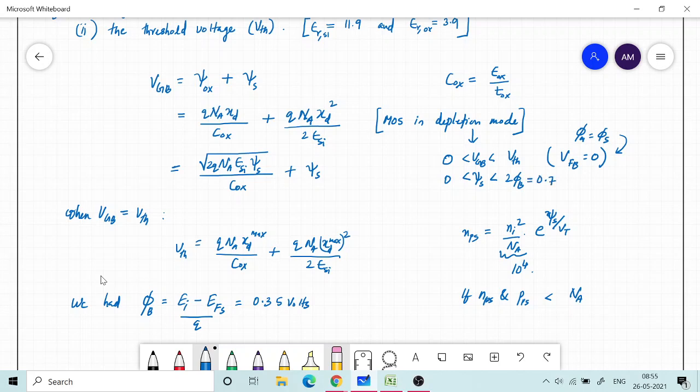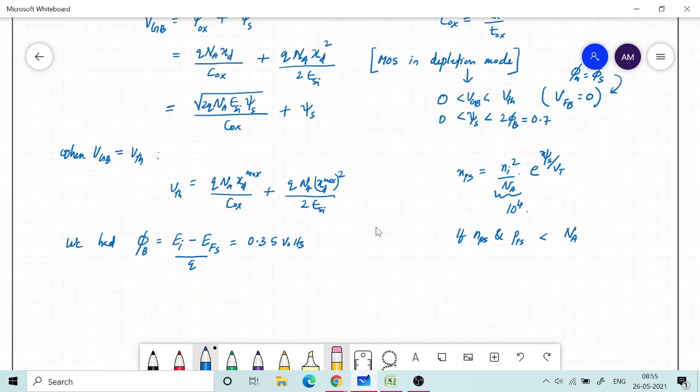So as long as your psi s is less than 0.7, NPS and PPS are going to be much smaller than your Na, and therefore this is another condition for depletion mode.